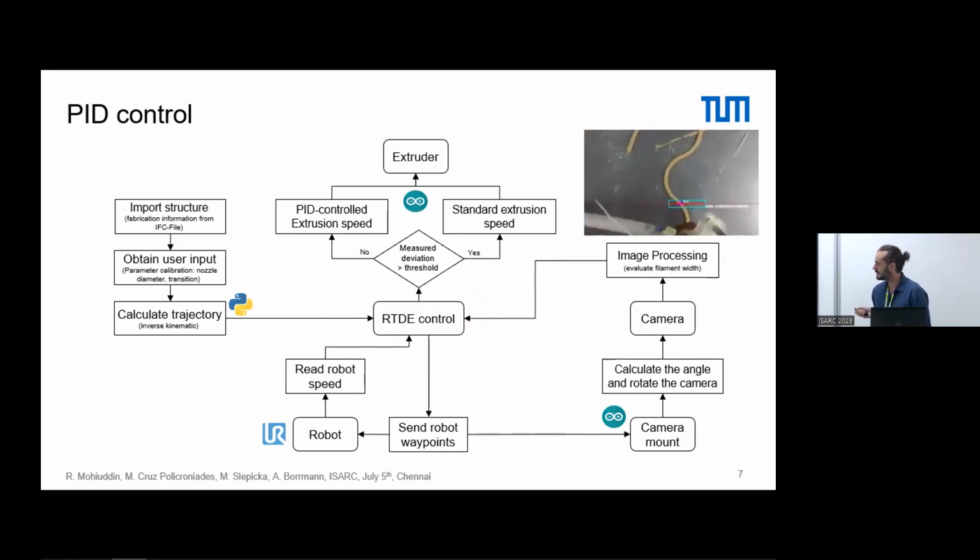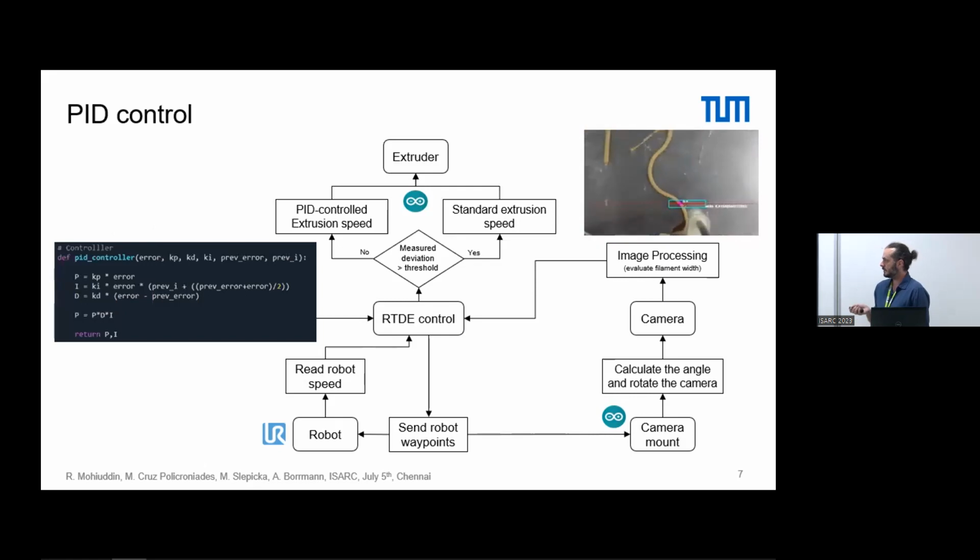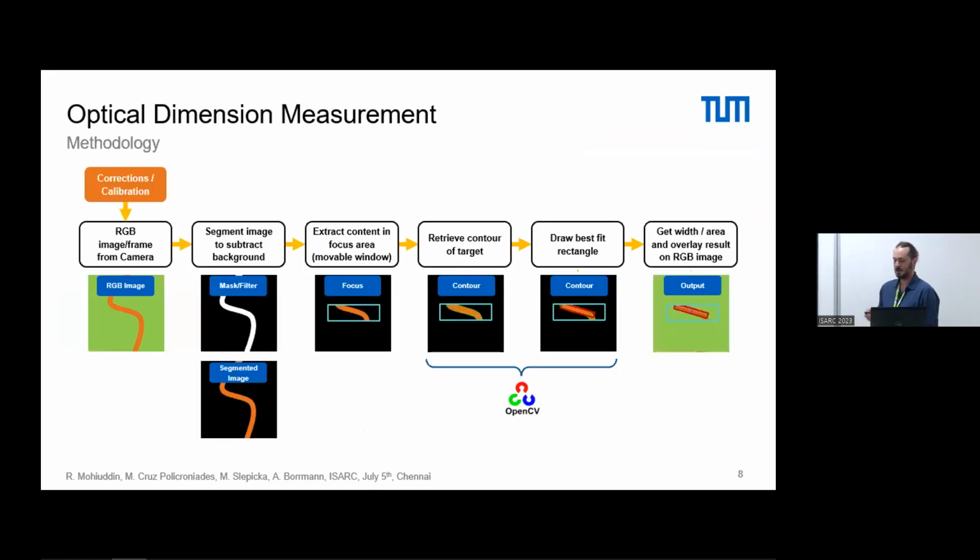As I see, there's a small mistake: the measured deviation should be below a certain threshold, so we can filter out any excessive controlling. The whole system works on a PID controller, so we can also smoothen the whole control process, and it actually works quite well, as we can see in this moving image.